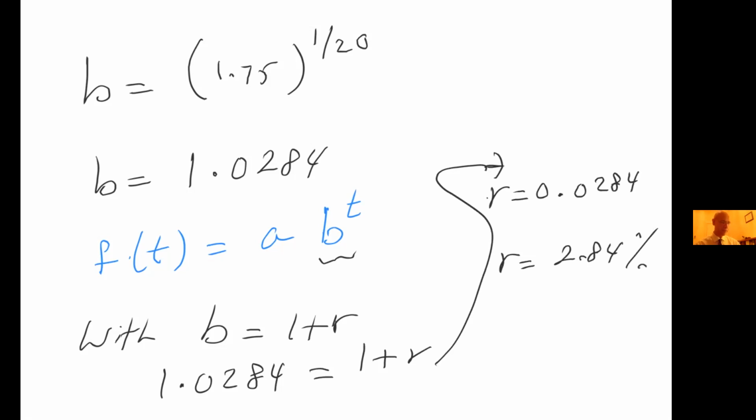So that's the first part of the question. We found the rate. Now, remember, we wanted to know what's the price of this house 10 years from 2020. So going to the next page, this is part B. In 2030, the value of t is going to be 30.